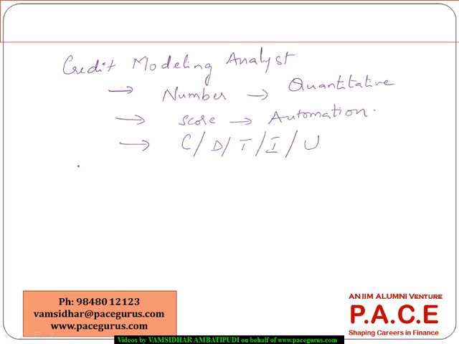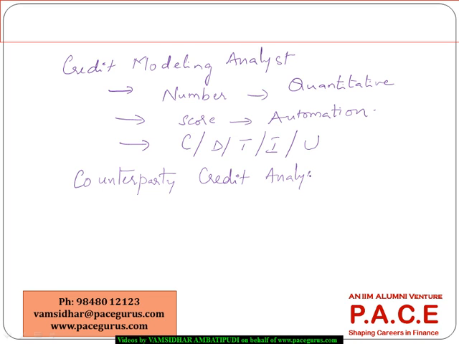And as we say, the one major role that is coming up in today's time frame, counterparty credit analyst. Today, counterparty credit risk is one of the most happening kinds of risk.